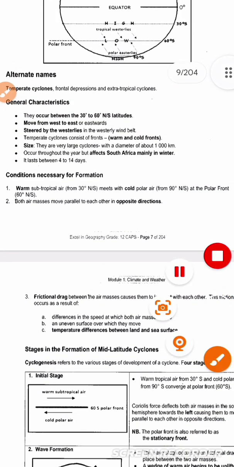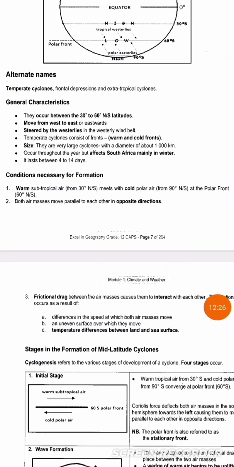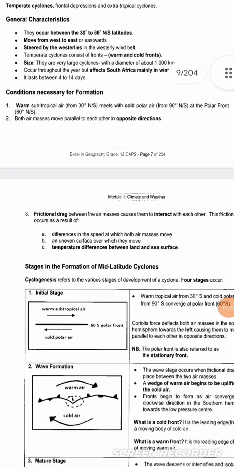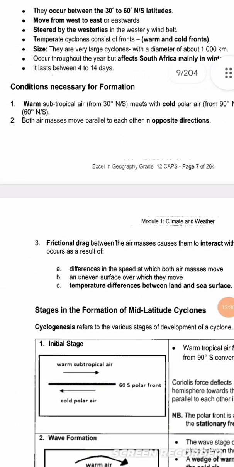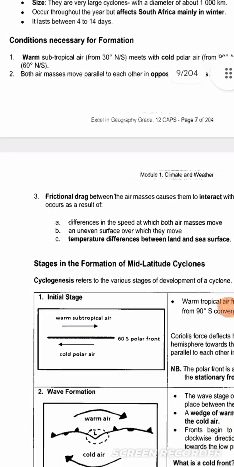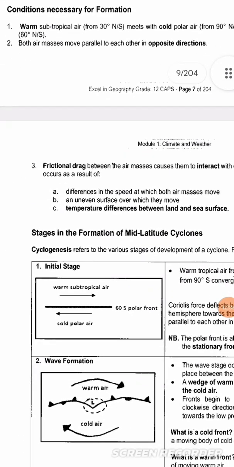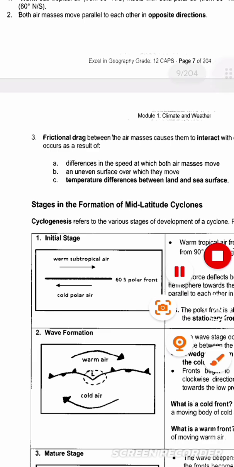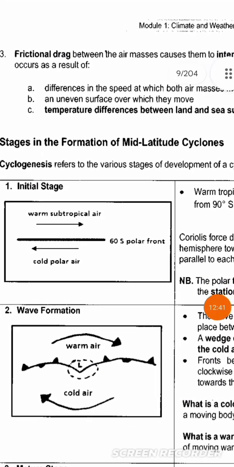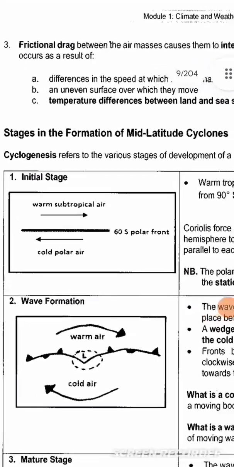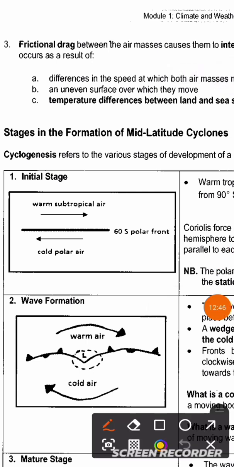This means that warm air, let me show you something. They say warm subtropical air meets with the cold polar air at the polar front. When we are dealing with the formation of a mid-latitude cyclone, this is what they say. Let's say this is your earth.